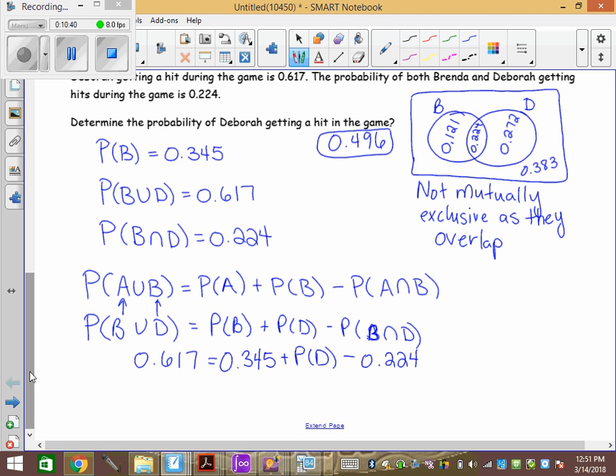Now we solve it just like a linear system. We can put the 0.345 and we can subtract the 0.224, so we get like terms together. So we get 0.617 equals P of D plus what? What's 0.345 minus 0.224? 0.121?